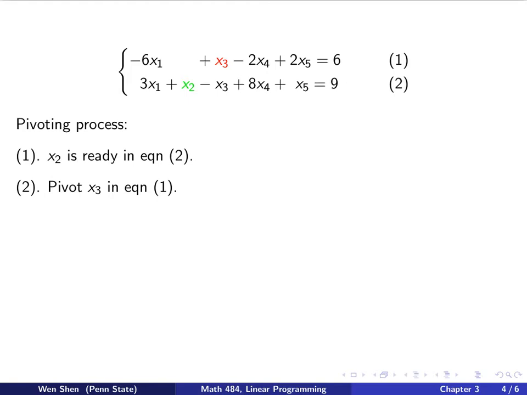After that step is cleared, now we need to pivot x3 in the other equation, namely in equation 1. So this is colored in red. We need to pivot that. And remember, the goal is to make a coefficient 1 here, which is already okay, and make this x3 disappear. So you could simply add x1 on top of x2 and replace x2 with that, and then this will be gone.